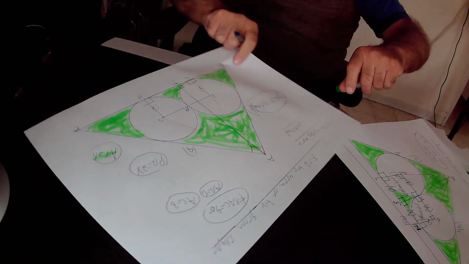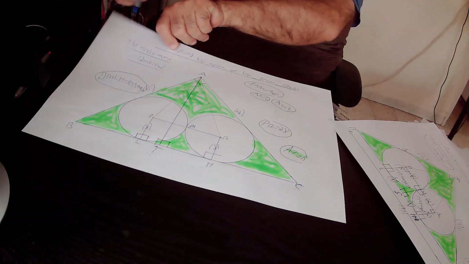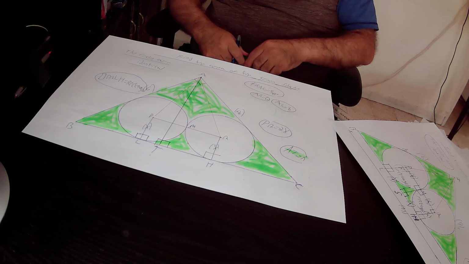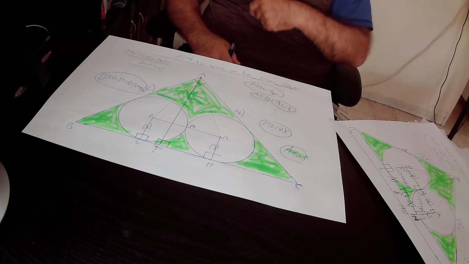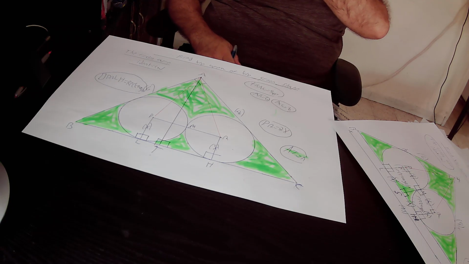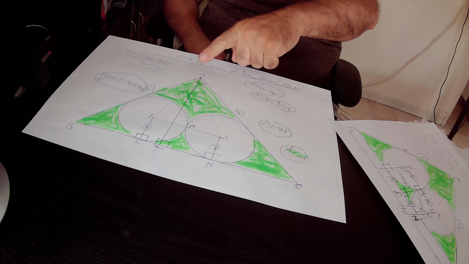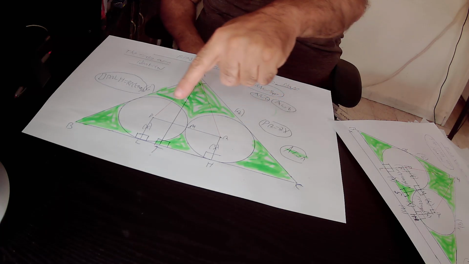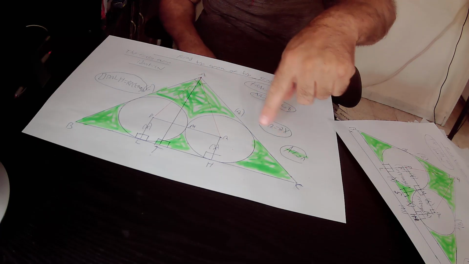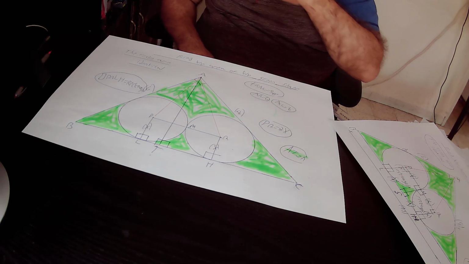The opposite sides of a rectangle are equal to each other. The opposite sides of a rectangle are parallel to each other. So in rectangle PQLH, side LH is parallel to side PQ. Those two sides are parallel to each other.